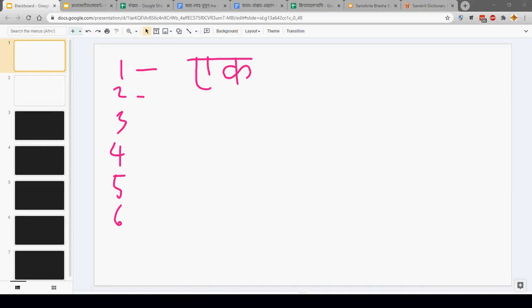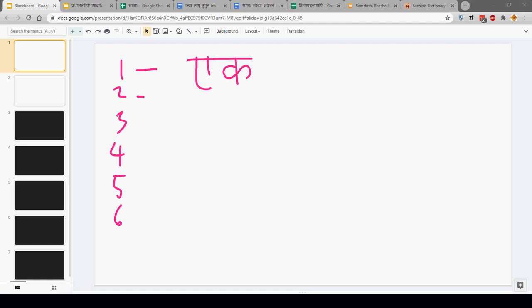Let's start with Eka, 1. Actually all the numbers are adjectives, Visheshanam. What is the rule for Visheshanam when it is used in a sentence? The one which is describing has to be in the same Lingam, Vachanam, Vibhakti.